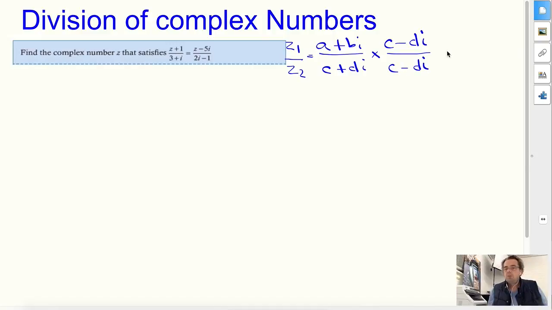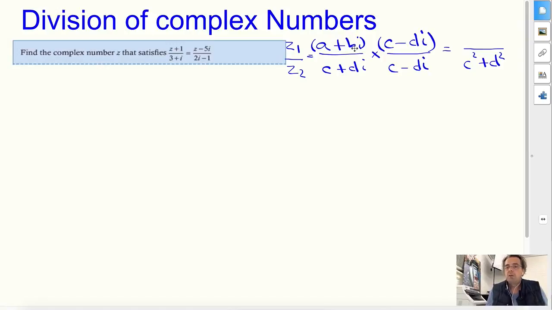The bottom here will turn out to be c squared plus d squared: c squared - cdi + cdi, and this is going to be negative d squared i squared, which is a positive d squared. The top, I could FOIL this, but I'm not going to. I'm going to keep it in terms of z.